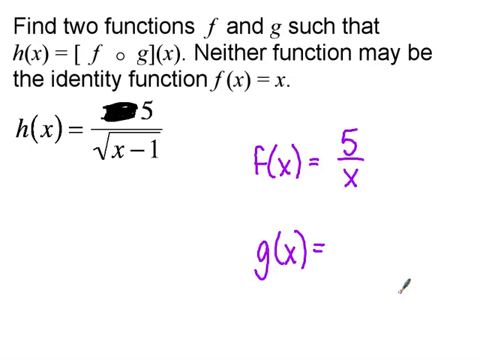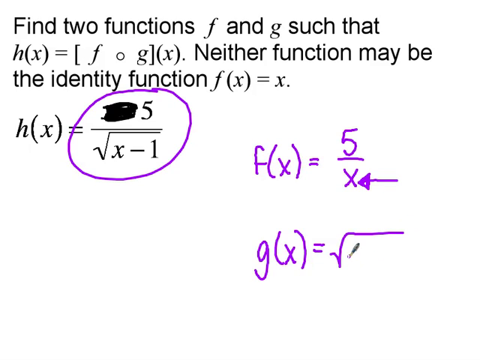Okay, what do I want to put right here so that it looks like this? Yep, say it. Square root of what? X minus 1. That's right. Because what's going to happen is you're now going to take this x minus 1 and you're going to plug it right here. Okay, those are kind of hard to see.